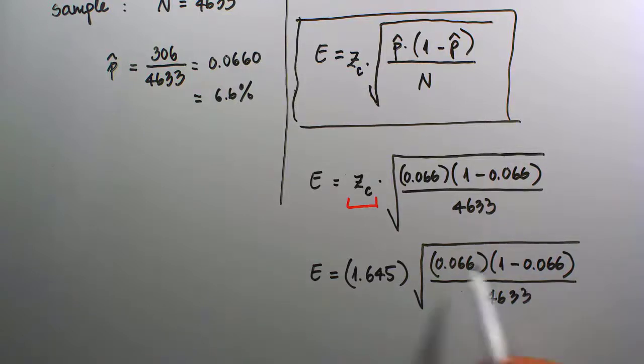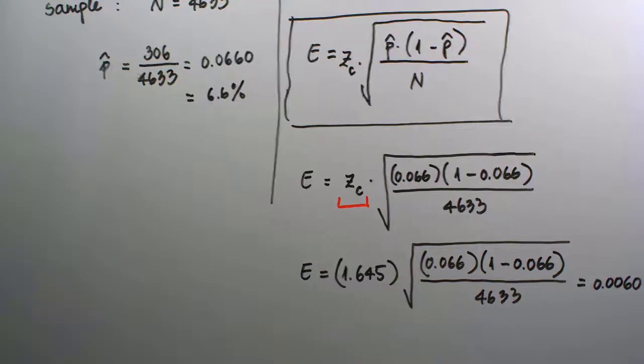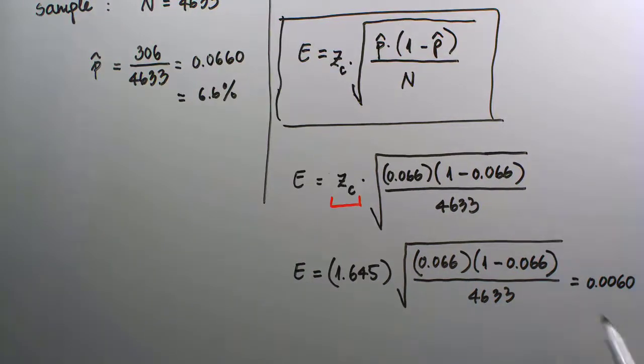Okay, so after successfully filling in all the values, our final answer in 4 decimals, which is what I normally use, comes out to be 0.0060. So that is the margin of error that we have found.